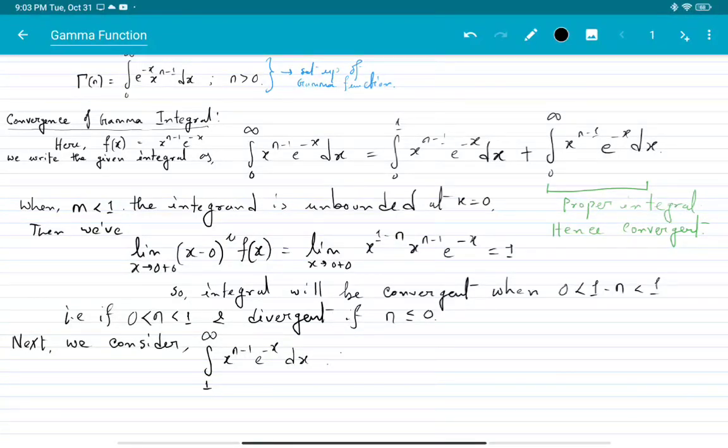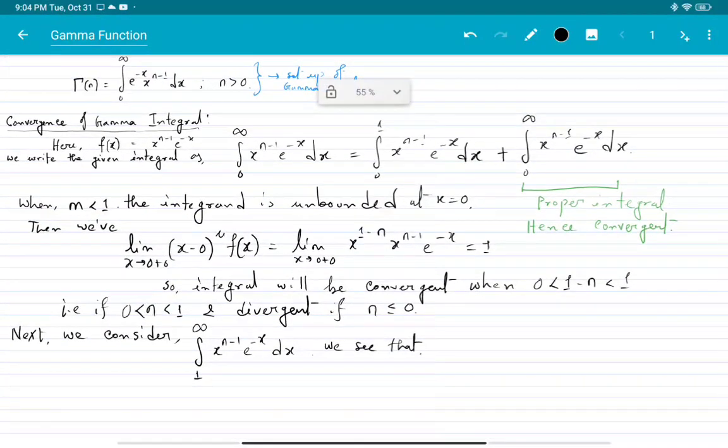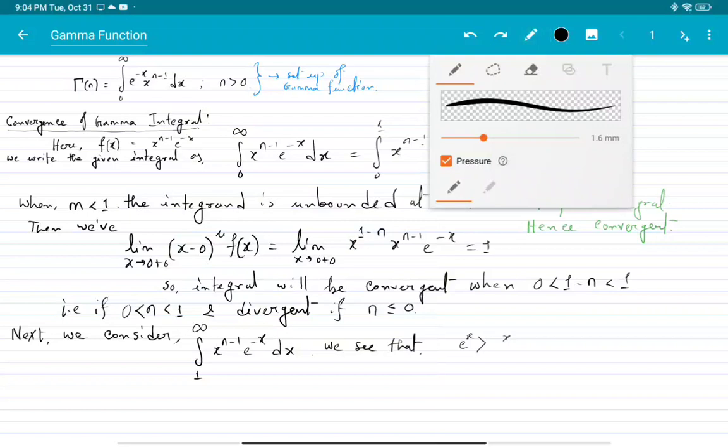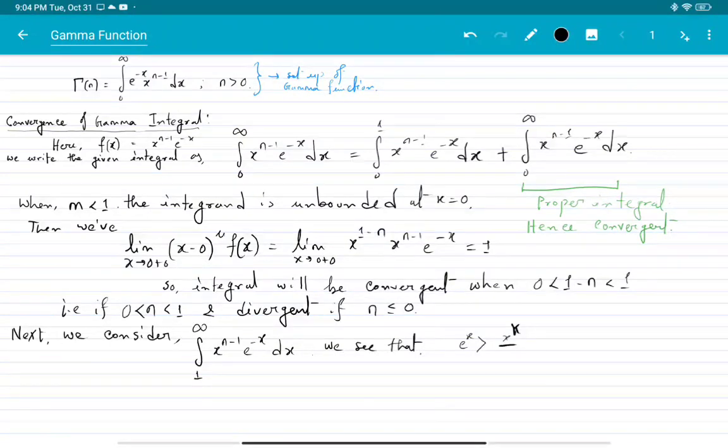What we can see is that e to the power x is greater than x to the power k by k factorial, and this is also greater than x to the power n plus 1 by k factorial.